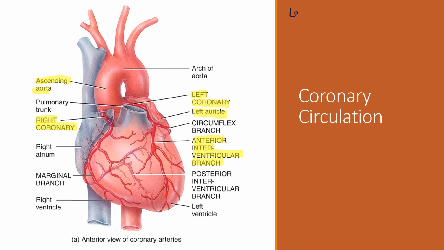So the left coronary artery will branch into the anterior interventricular branch, and then also the circumflex branches. The circumflex branch is right here.